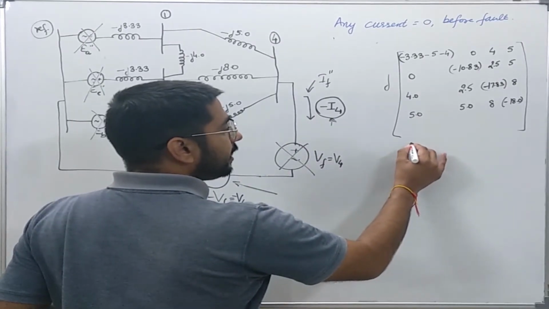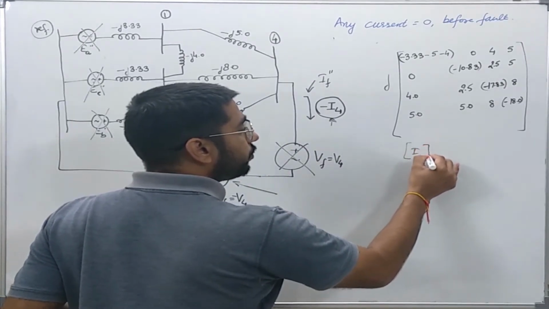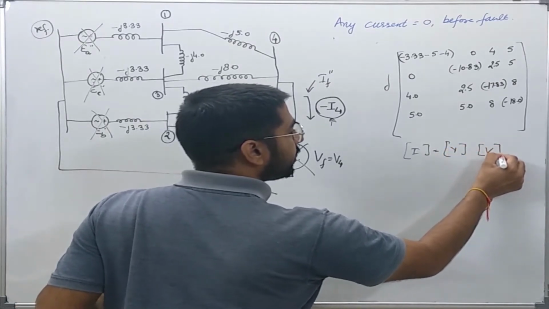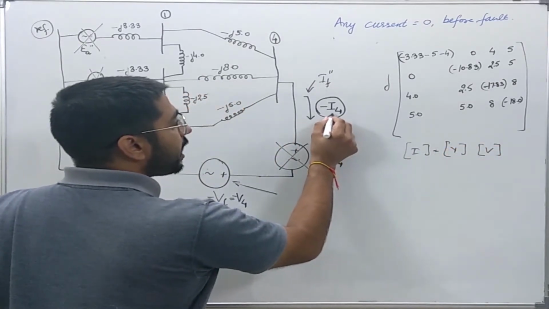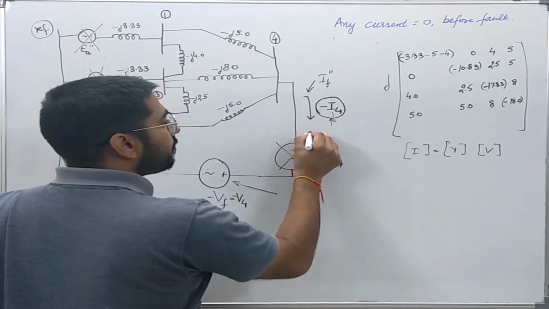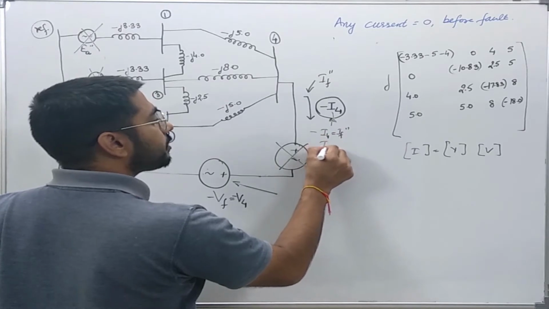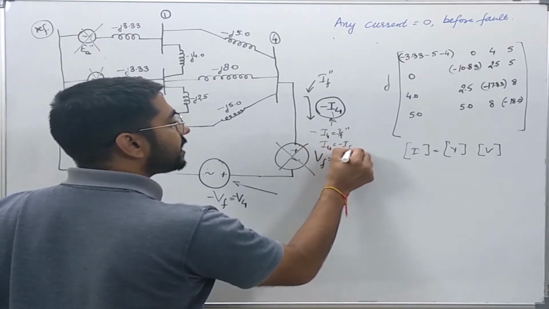So when I write the equation I is equal to YV, then I4 is equal to minus IF double dash, since IF double dash is equal to minus I4.